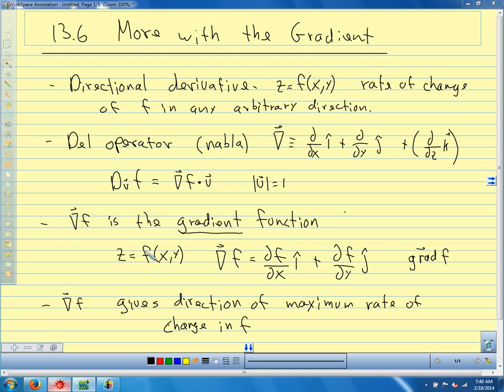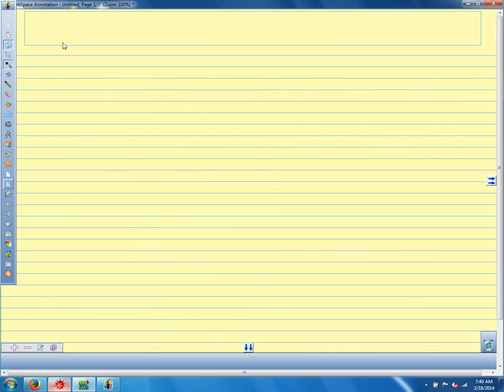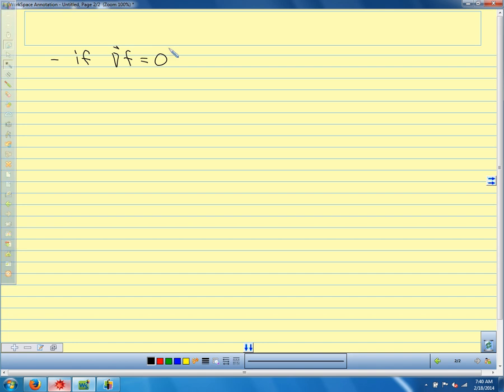A couple of the properties that we talked about. We said if del f equals 0, if our gradient equals 0, that was our first property, then any directional derivative was 0. And this should be a 0 vector.